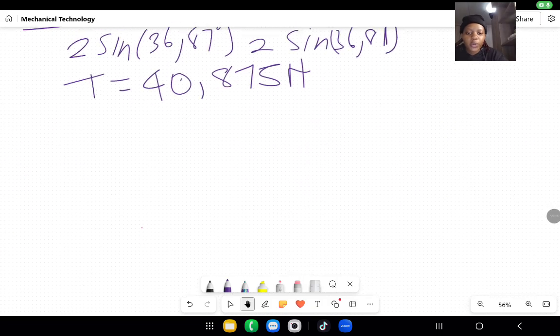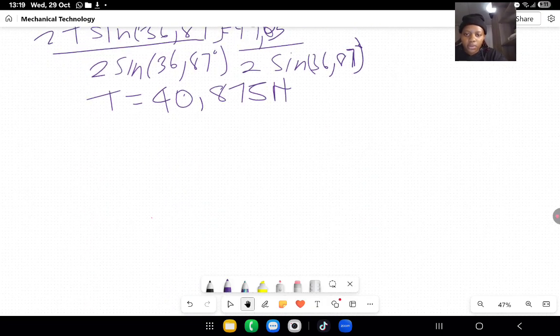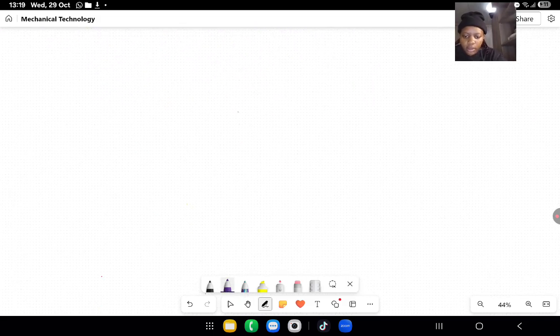Now, since we have our tension, we can draw our first polygon. Let's use a ruler to draw our Cartesian plane.